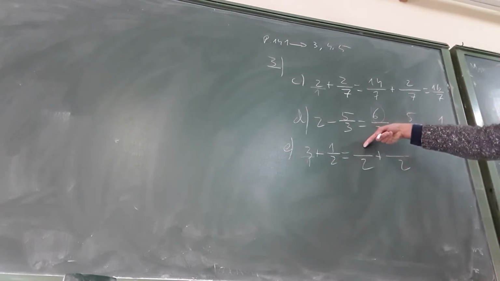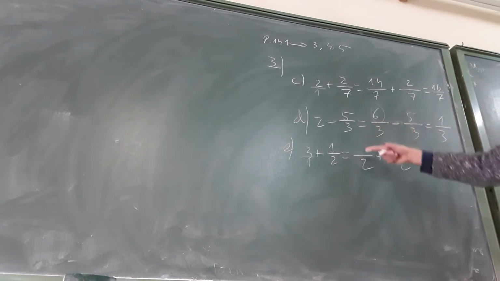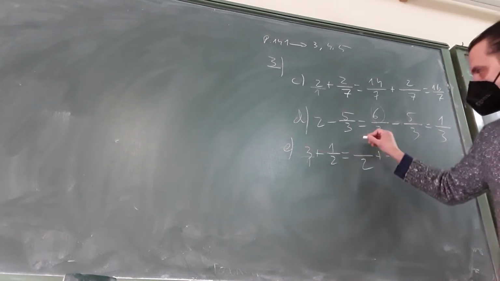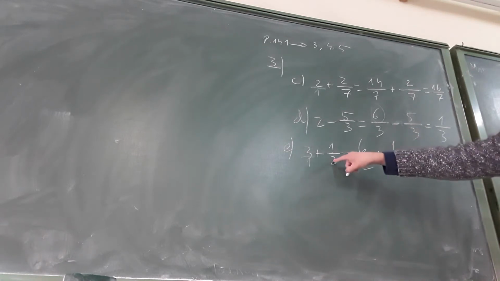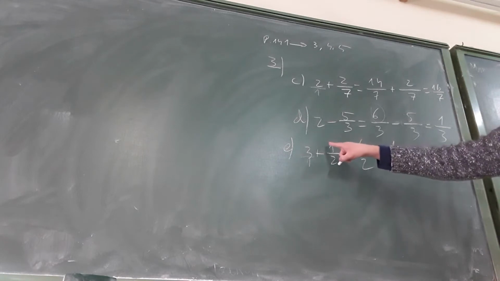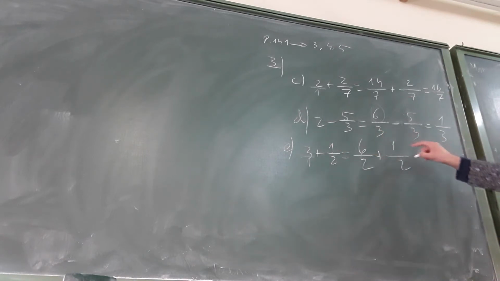The number here is 6. 2 divided by 1 multiplied by 3. 6. And here 1. If we don't change the denominator, we are not going to change the numerator either. And then the result is 7. 7 and 2. 7 halves.